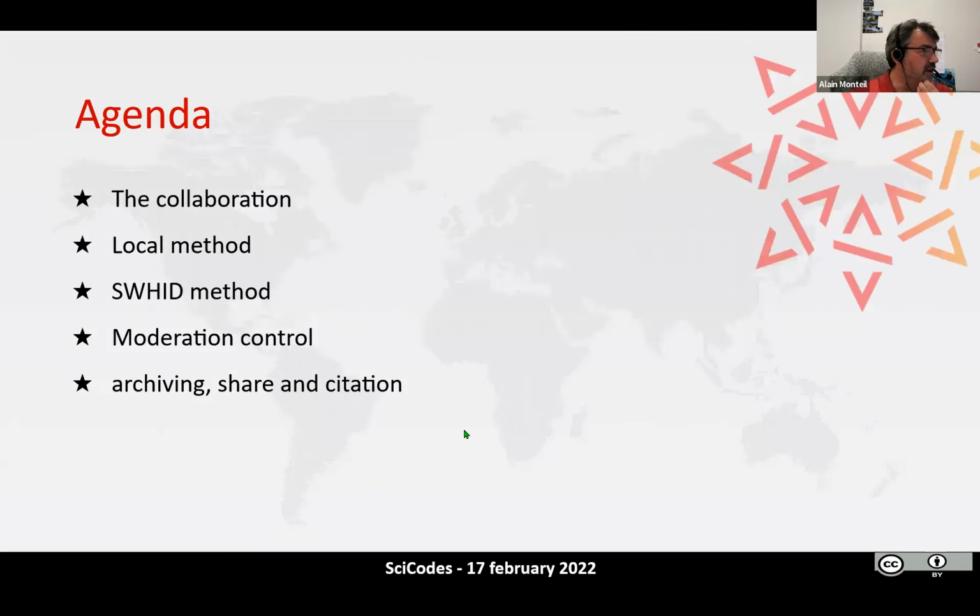So the agenda of this presentation is first the collaboration. After, I will show you two ways to deposit software source code, and if we have time, I will talk about the moderation controller, which is the specificity of this process.